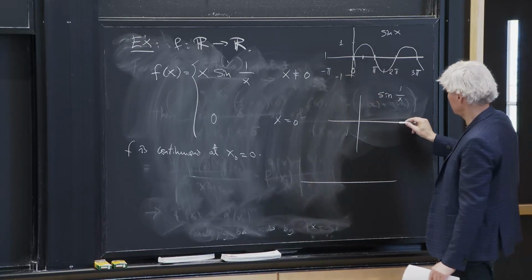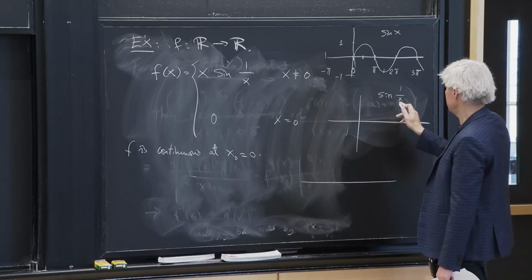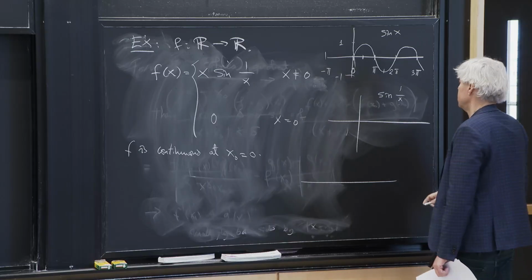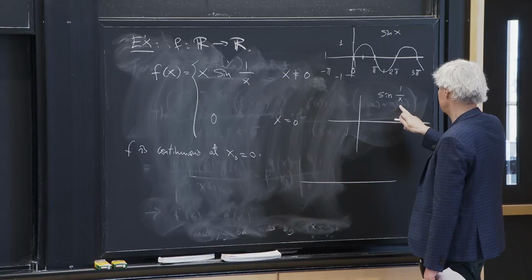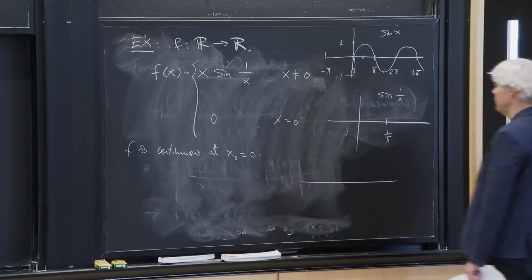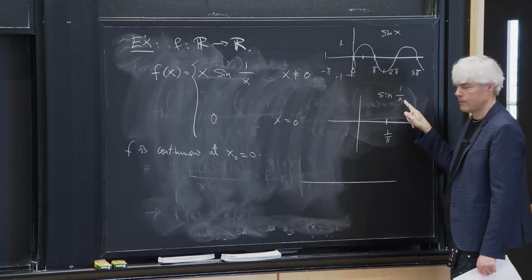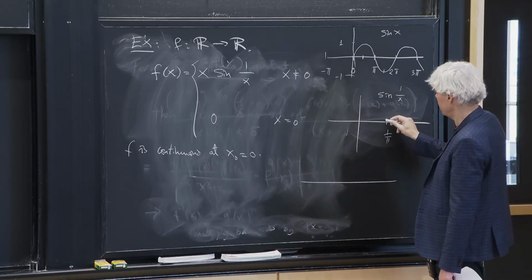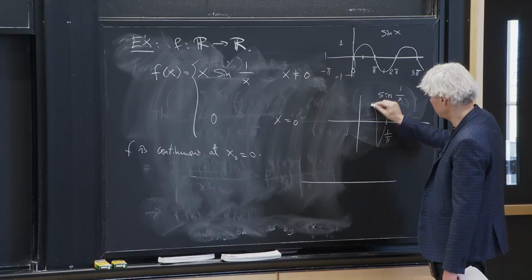It will again fluctuate, but much more rapidly. So if this here, say, was 1 over pi, at 1 over pi it would be 0, and it would fluctuate.